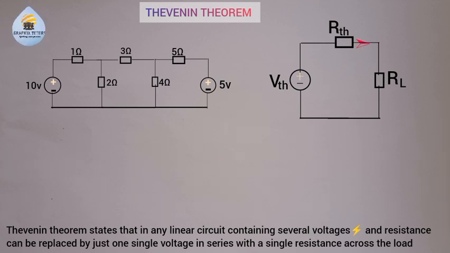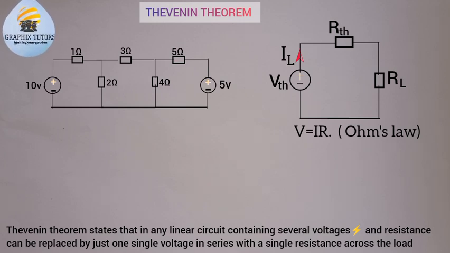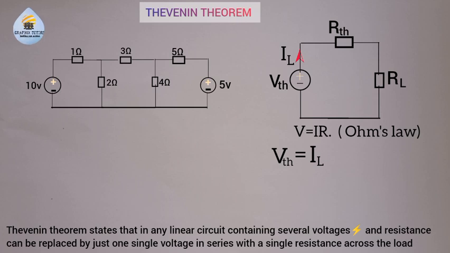If I want to write this as a formula, you know very well that according to Ohm's law, V is equal to IR. We'll say the V here is the Thevenin voltage, the I is the load current, and the R is the resistors in series.